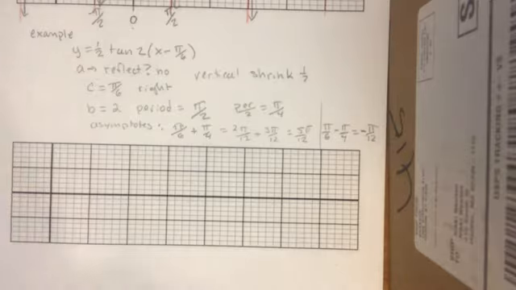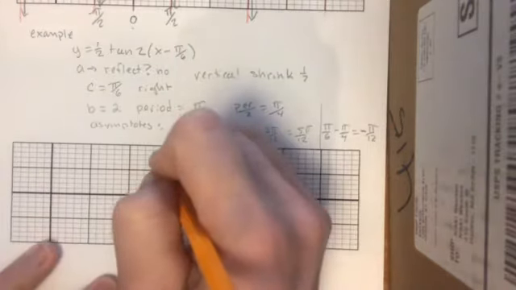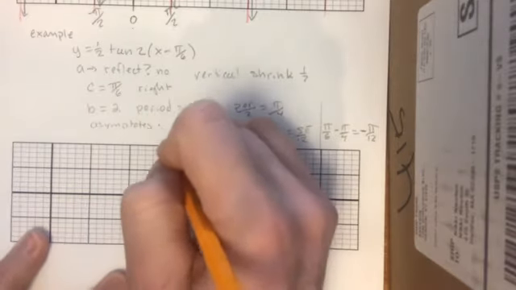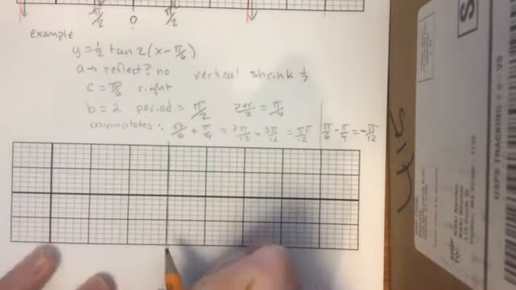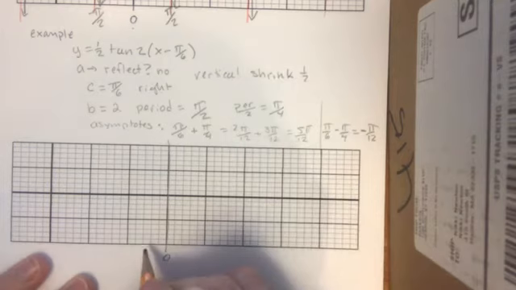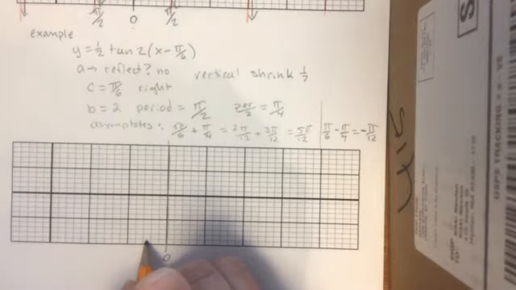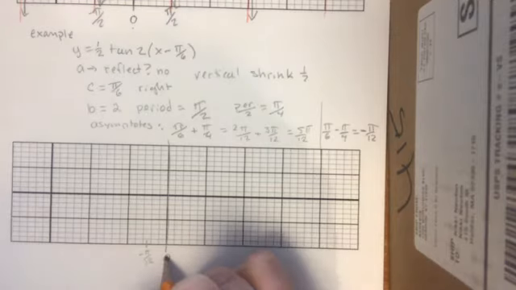So I've got to decide how I'm going to label things here. So if I put my 0 somewhere, I'll put my 0 here. And I need multiples of pi over 12 on here because I'm landing on multiples of pi over 12. And I don't want to run out of space. So I'm going to make halfway between the dark lines the multiples of pi over 12. So if I make this negative pi over 12, this would be 0.